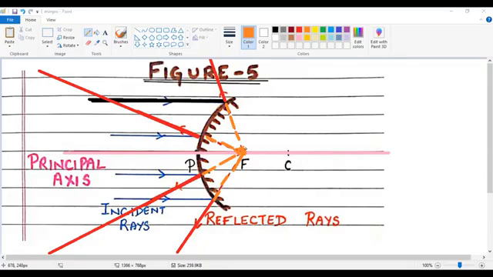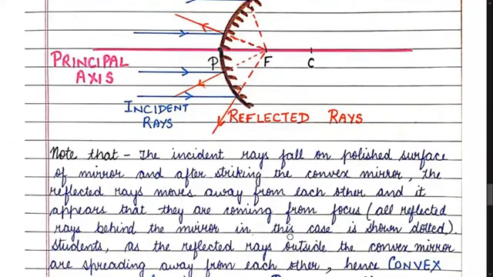So students, you have to note that the incident rays fall on the polished surface of the mirror, and after striking the convex mirror, the reflected rays move away from each other. They are not getting closer to each other. They are getting away from each other.